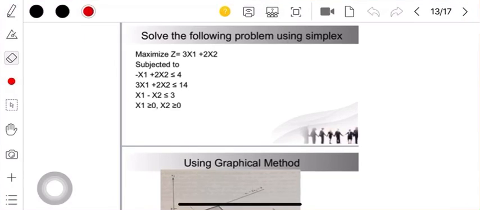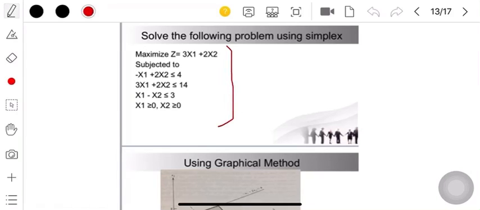In the simplex method, first a problem is given, as it is given here. Maximize 3x1 plus 2x2, subject to minus x1 plus 2x2 less than or equal to 4, 3x1 plus 2x2 less than or equal to 14, x1 minus x2 less than or equal to 3, and x1 and x2 greater than or equal to 0.